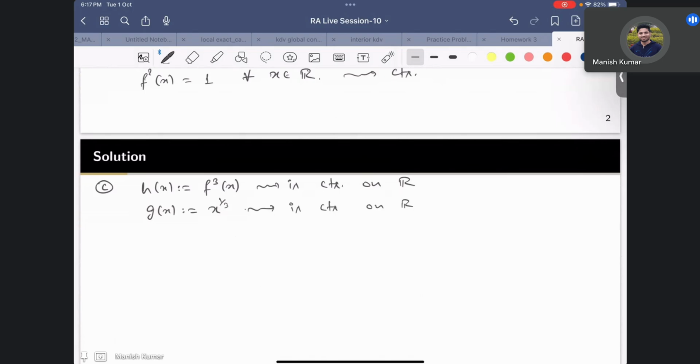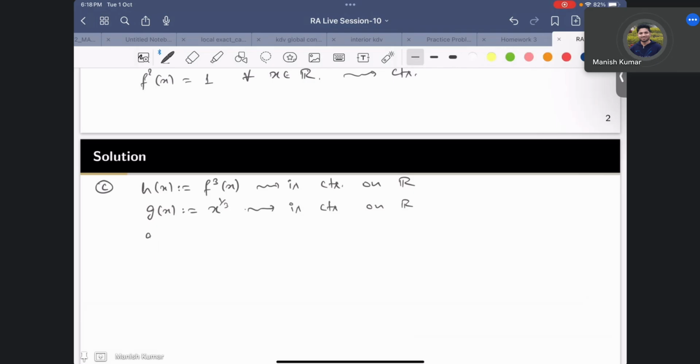Now you take the composition. f cube is going to map to R, so you can understand that this composition makes sense, because x to the 1 by 3 is going to take all the real values.